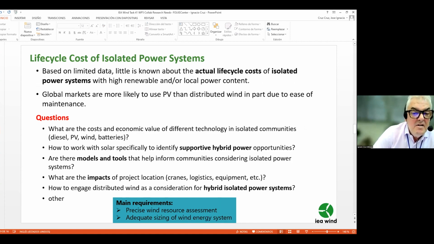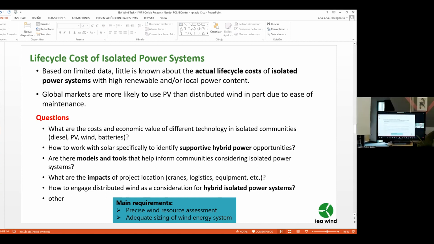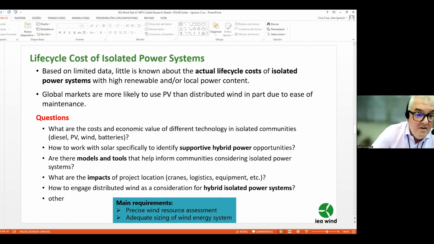Life cycle cost of isolated power systems. Our markets are more likely to use PV than distributed wind, as has already been mentioned, because of the different cost of resources.